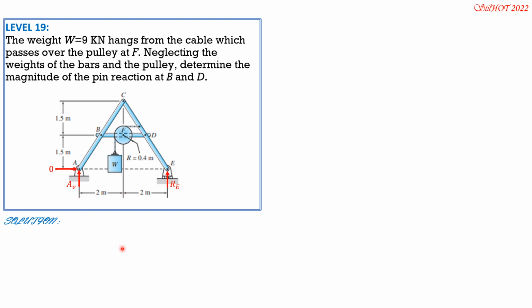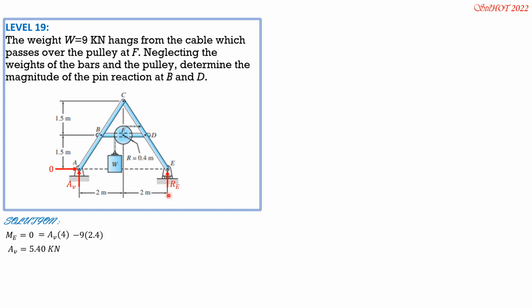So let's solve for AV then RE. Moment is 0, clockwise positive. So we have AV times 4 minus W, which is 9, times the moment arm 0.4 plus 2, 2.4. So A vertical is equal to 5.4 kilonewtons.